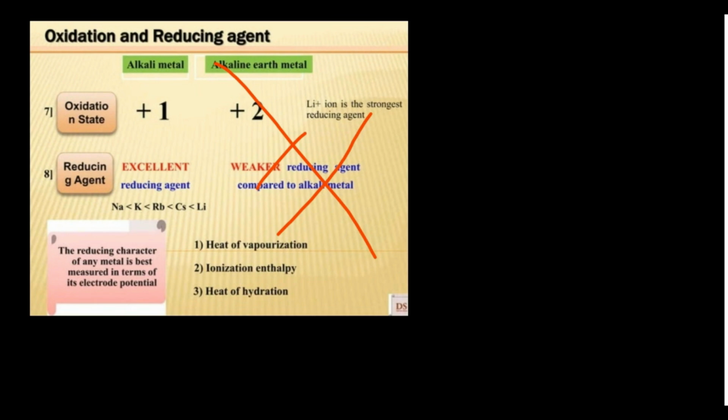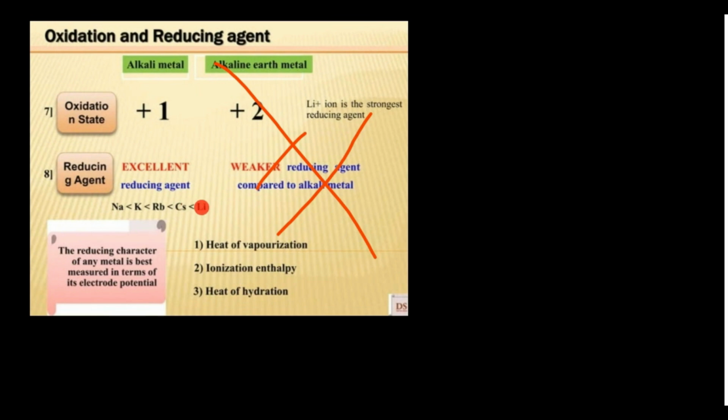And if you go in the aqueous solution, your lithium is the strong reducing agent as compared to the cesium. This is something very important. Again, this concept is due to your hydration energy.